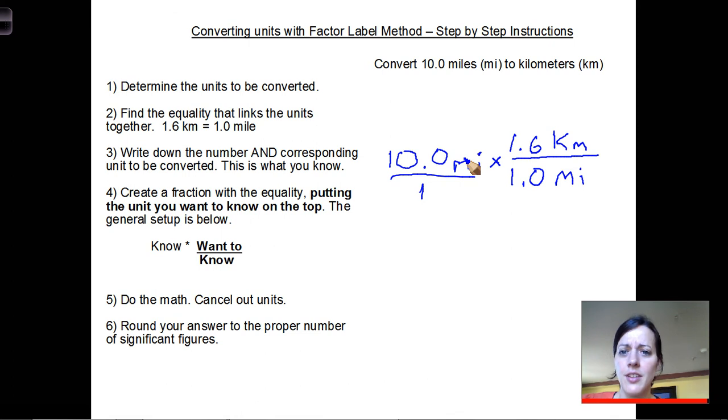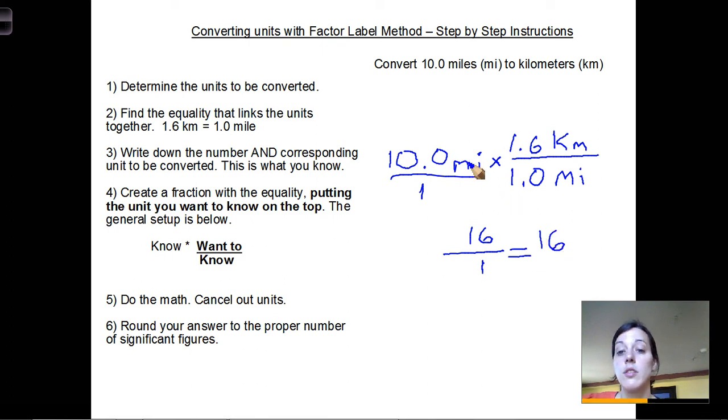When you multiply fractions, you multiply across. 10 times 1.6 is 16, and that's divided by 1 times 1, which is 1. So 16 divided by 1 is just 16.